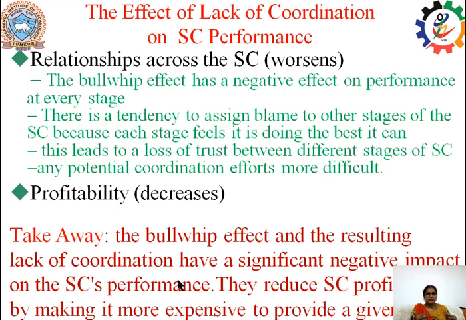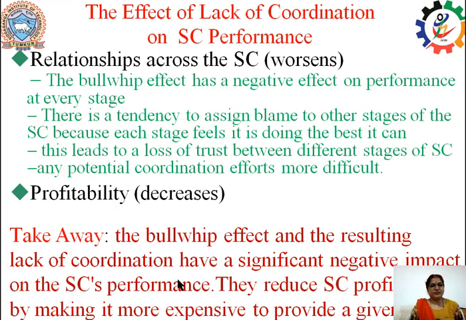The owner of every stage thinks that he has done his best, and that for this failure, the owners of other stages are a root cause. They're responsible. So this kind of blame game starts, because of which there will be loss of trust. One will not trust the other. So despite taking all efforts to repair the coordination, the possibility of that is very meager, and everything will be in vain.